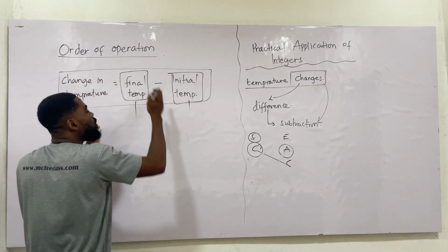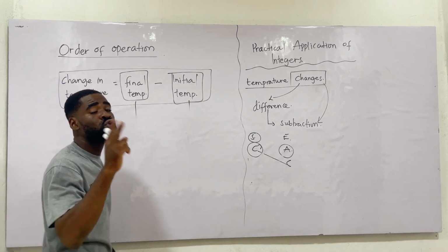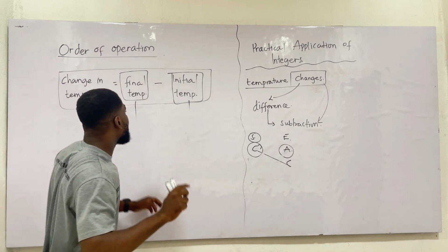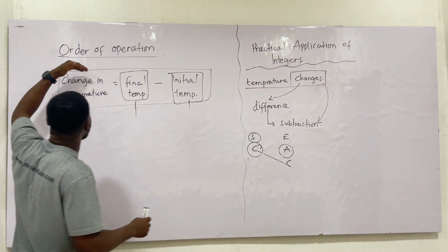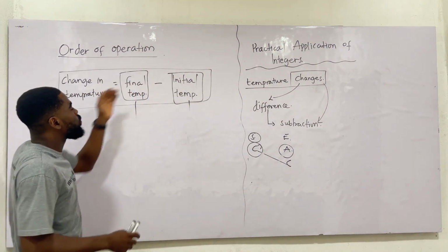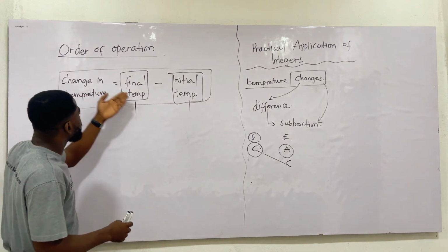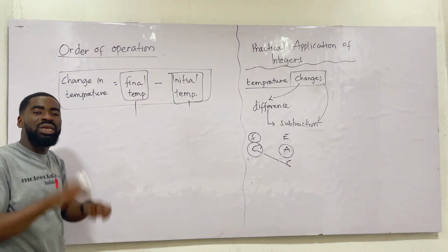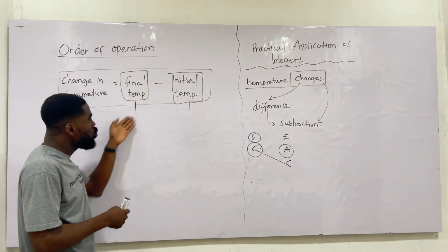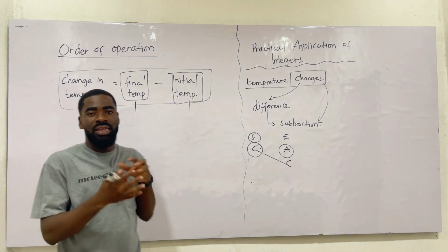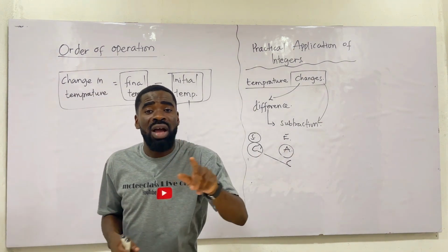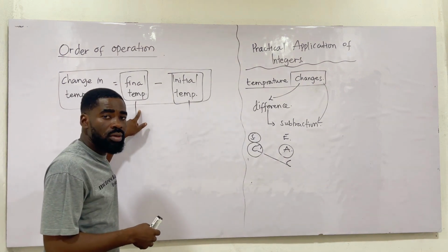Since there are 3 unknowns, the question must give you 2 pieces of information for you to be able to find the third one, because the formula has 3 things: 1, 2, 3. If you are given only 1, you can't find the other two. You understand what I'm saying there?